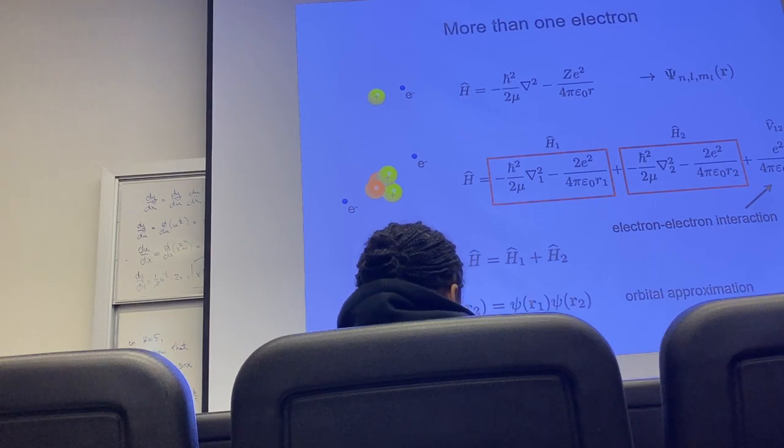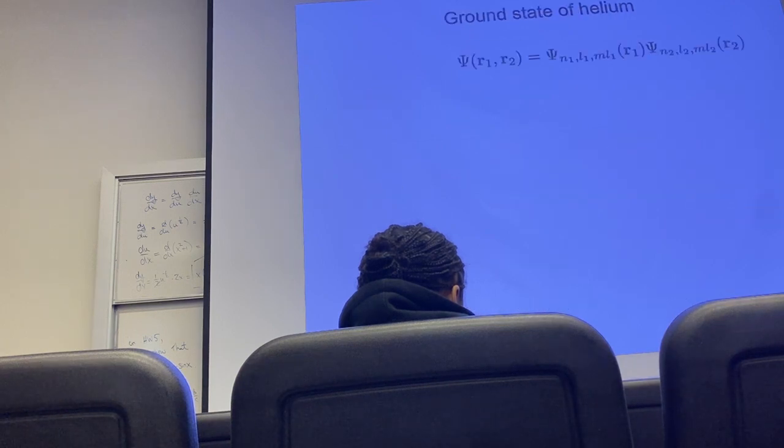Okay, this is called the orbital approximation. So that's a name. And this would be my solution then. I have one wave function for the first particle, another wave function for the second particle. Each of these electrons has their own set of quantum numbers. That's why I say N1 and N2, L1 and L2, and so forth.